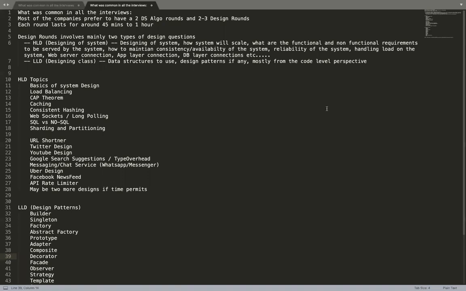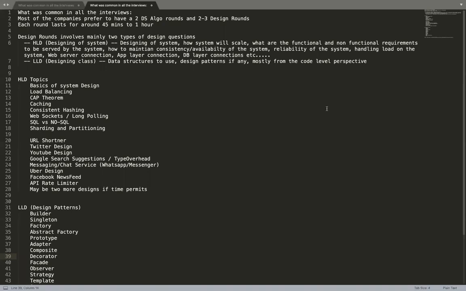Many of you might have heard of the term CAP theorem. It's consistency, availability, and partition tolerance. We'll talk about this in detail once we go through the course, and how you can use this theorem to decide, if it's a distributed system, whether you want consistency or availability in your system.